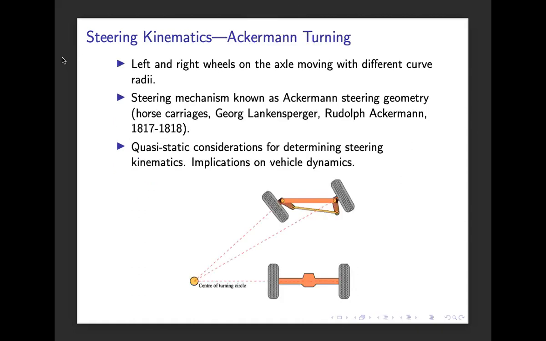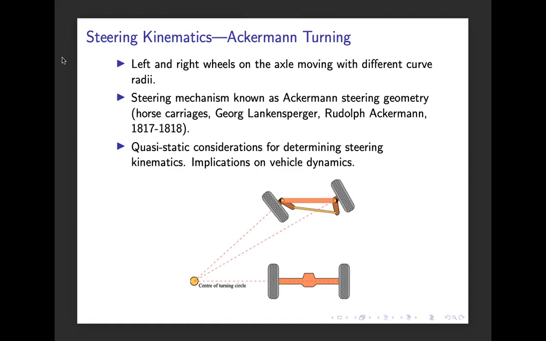Then there is also a common concept called the Ackermann steering geometry. If we consider this kind of steering kinematics here, we can recognize that the left wheel on the axle and the right wheel on the axle will not travel along circular arcs with the same radii.